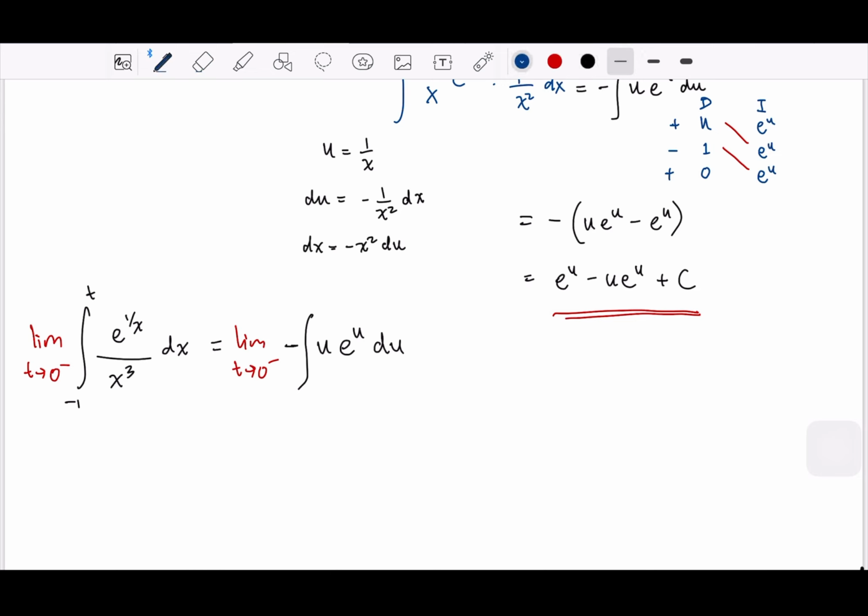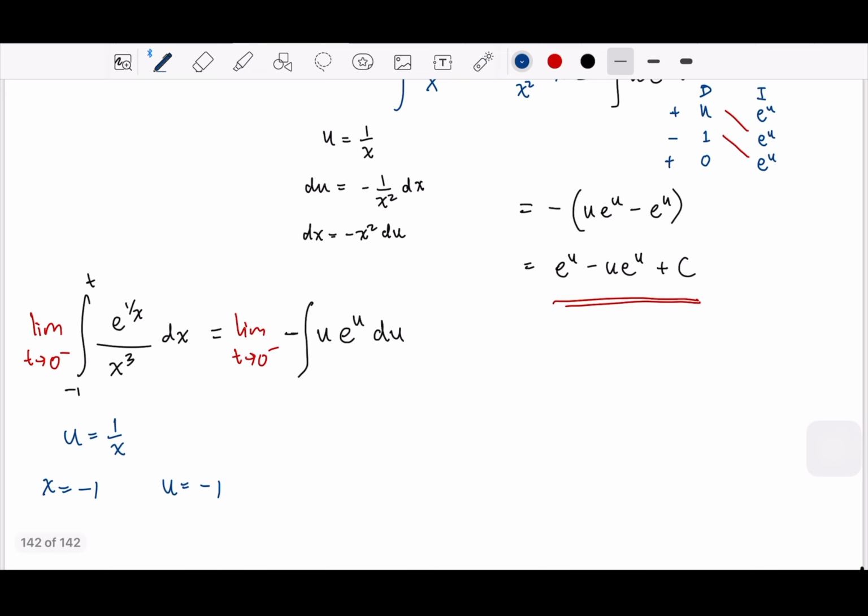Our substitution is u equal 1 over x, right? So when x is negative 1, u is the same, negative 1. When x is now t, then u will be 1 over t. Okay? So that's what we are going to write in the integrand. So this will be negative 1. This will be 1 over t.